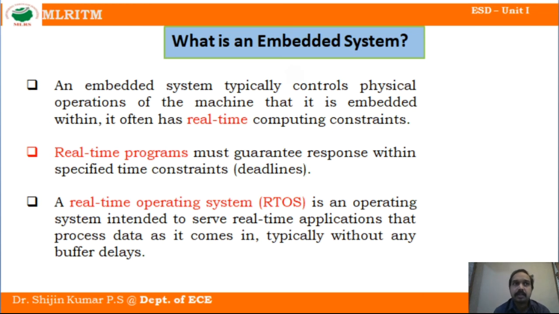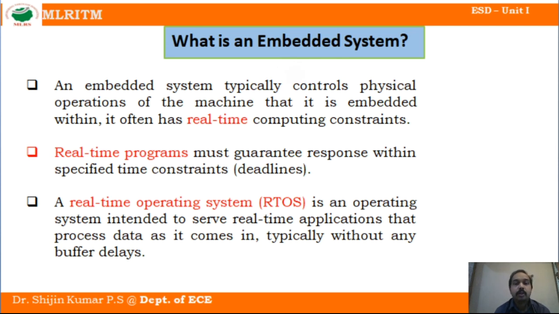some typical embedded systems. For example, we are using some embedded systems in the medical field, to supply oxygen. Continuously we are monitoring the oxygen level in the blood. If the oxygen level is reduced, the oxygen supply has to be provided. An oximeter can check the oxygen level; that is also an embedded system.